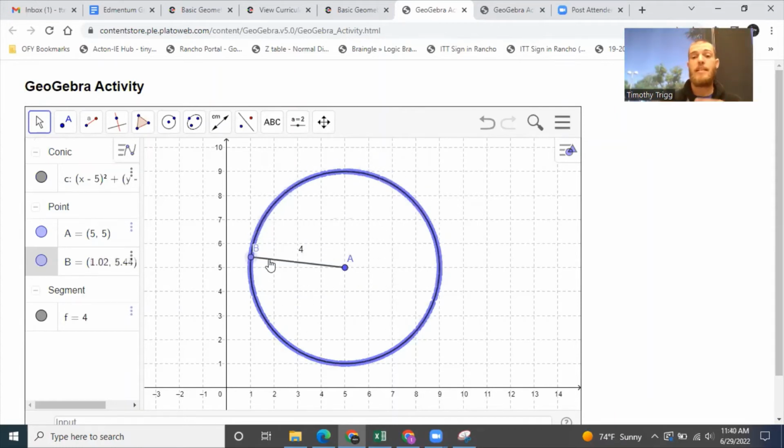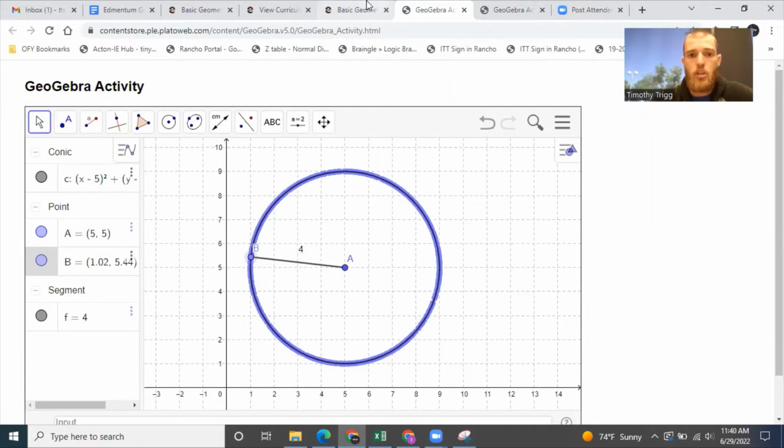Whatever the distance from the center to any point on the circle, that same distance will be the same all around. In other words, the radius is the same all the way around. That's what makes it a circle: that distance remains the same.